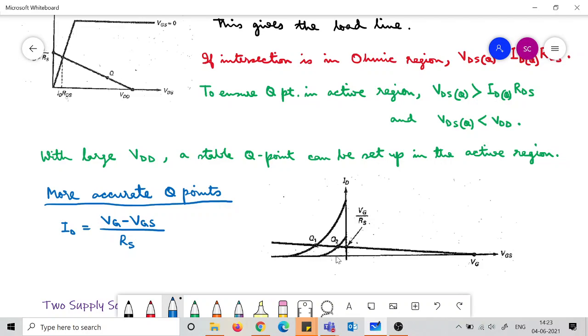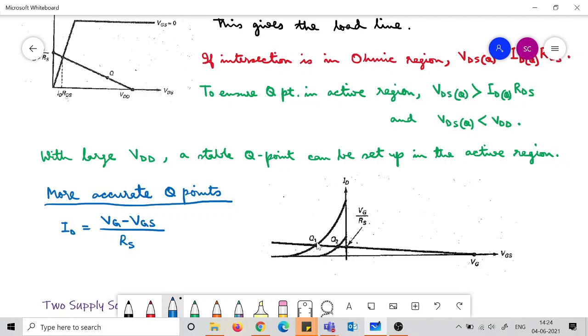So there is some variation in the VGS that you will observe, but the variation in ID is very small. You can see the variation between Q1 and Q2 along the vertical axis is very small, and along the horizontal axis there is some variation. So no matter whether the VGS is shifting, the ID will remain very constant.